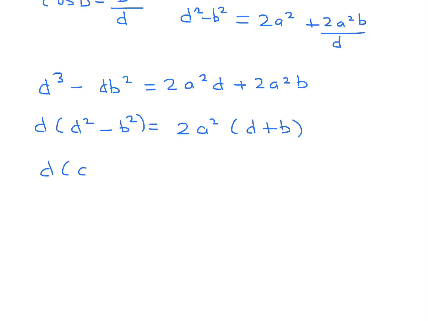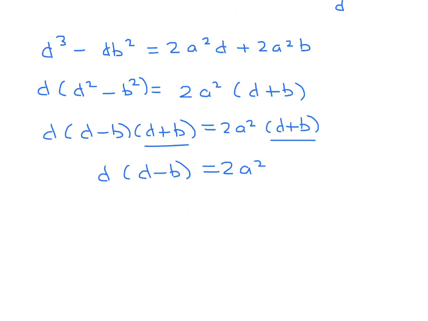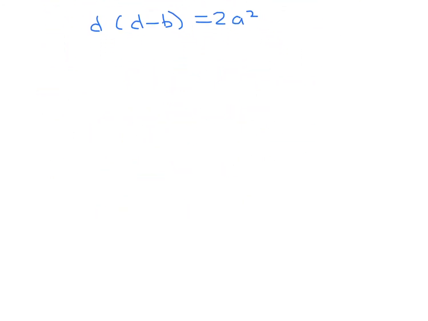And then this factors into D minus B, D plus B equals 2A squared, D plus B. And the good news is the D plus B's cancel. So you're left with D times D minus B is equal to 2A squared. All right? And this is about as far as we can go with this equation.